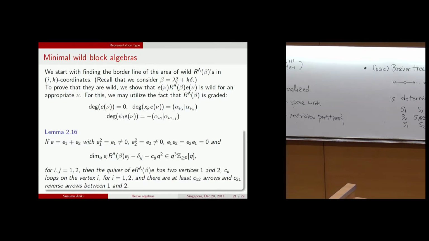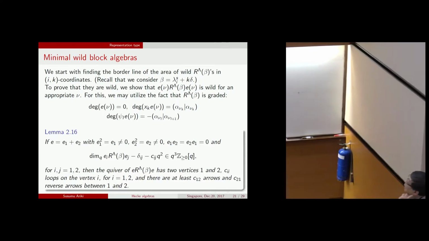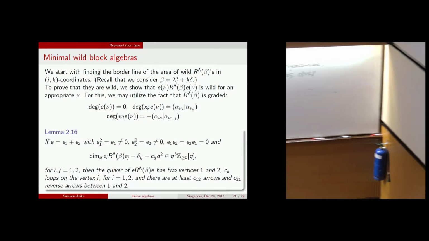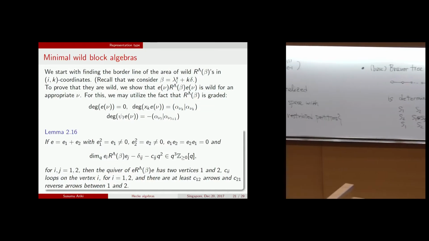So the lemma I use is the following easy lemma. If e is a sum of two orthogonal idempotents, and we compute the q-dimension of this subspace, and if it satisfies this condition for i, j equal 1 and 2, then the quiver has two vertices 1 and 2, and c_ii loops on the vertex i for i equal 1 and 2, and there are at least c_12 arrows and c_21 reverse arrows between 1 and 2.